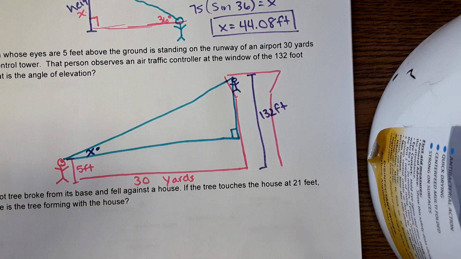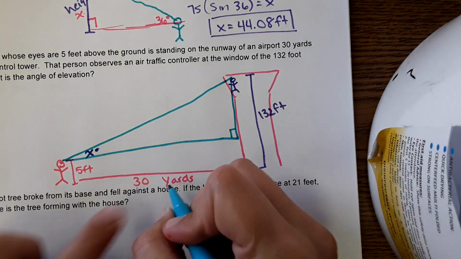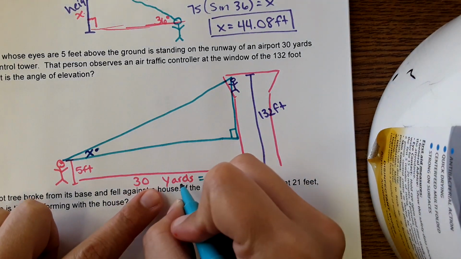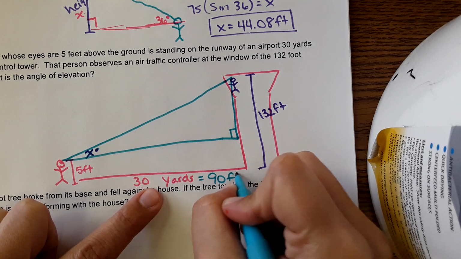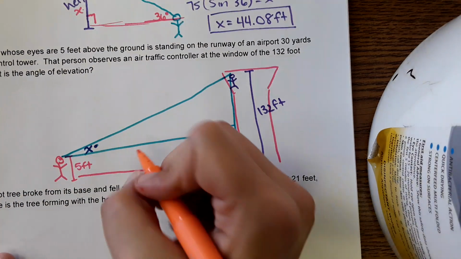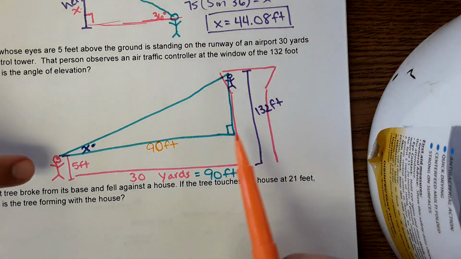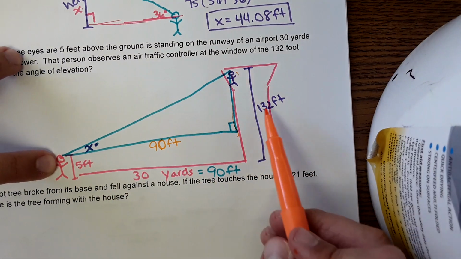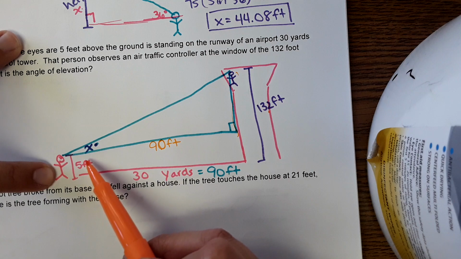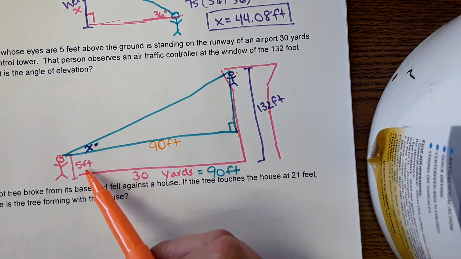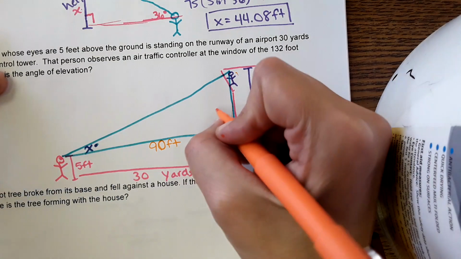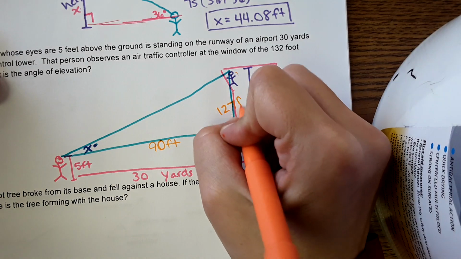Everything is in feet except for this, so I'm going to turn this into feet. 30 yards, 30 times 3 would be 90 feet. And then this length right here would be 132 minus 5 feet. So that would be 127 feet.